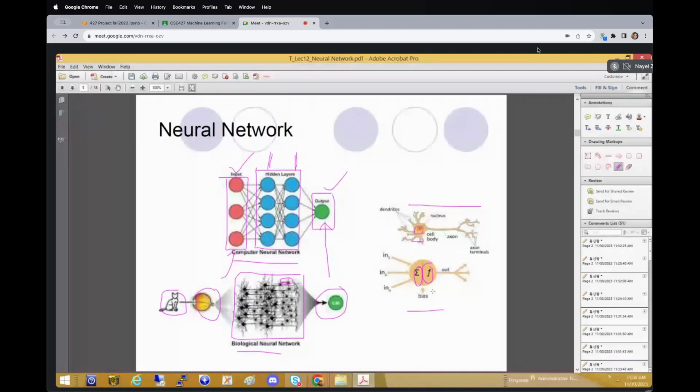Those are usually used in our artificial neural networks, but we don't actually know the computations of our biological neural networks. This is unknown. Only God knows.